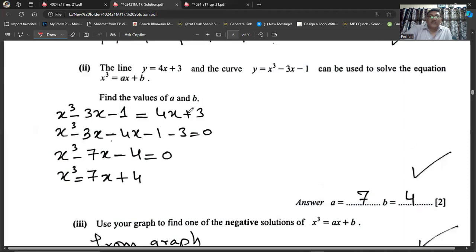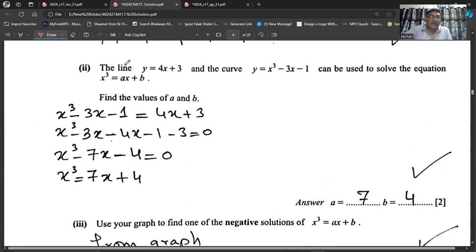Now you can see the curve is x cubed minus 3x minus 1, and the line is 4x plus 3. So I will equate them. You will have x cubed minus 3x minus 4x minus 1 minus 3 equals 0. It will be x cubed minus 7x minus 4 equals 0.